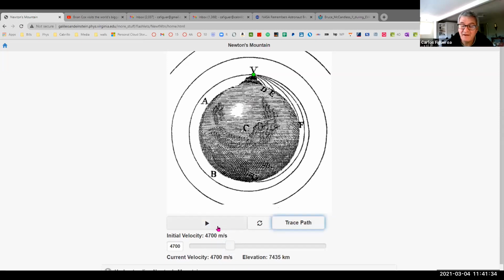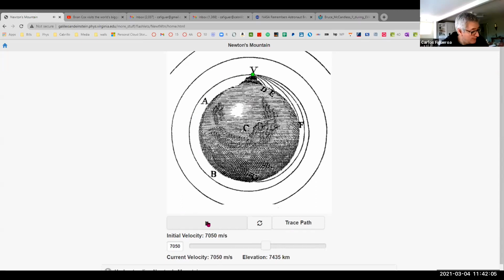If I take this shot again, you can see it goes faster. But if I go fast enough, you can see that it's starting to account for the curvature of the earth. I think the way this applet is set up, it's around 7,000 or so. Look what happens. Instead of falling into the earth, it falls around the earth.